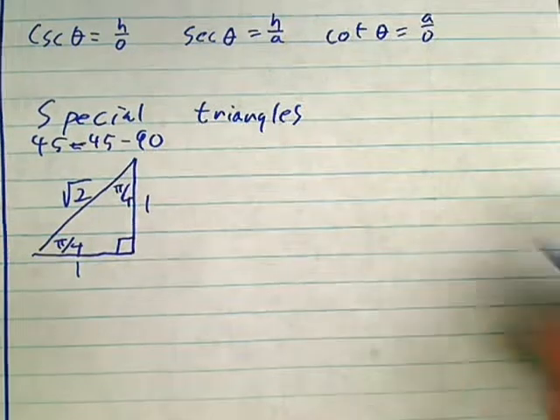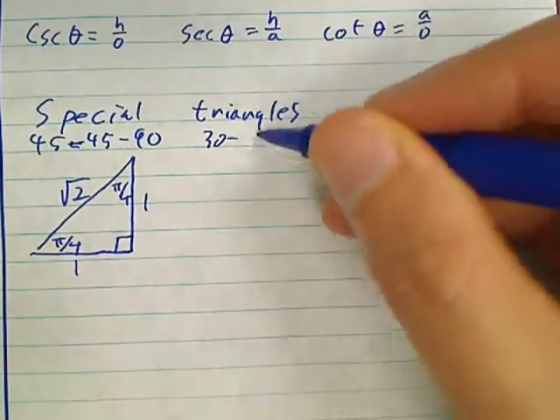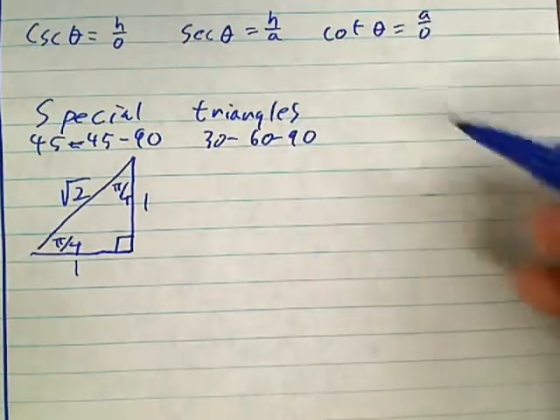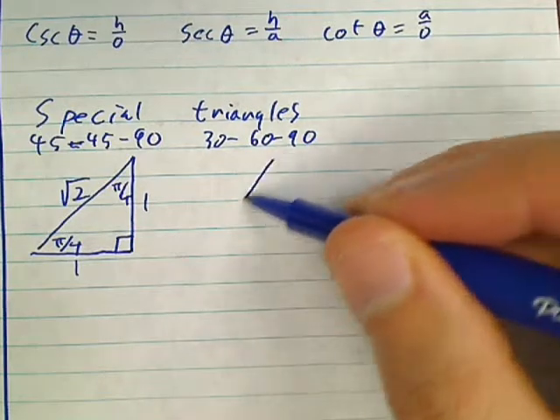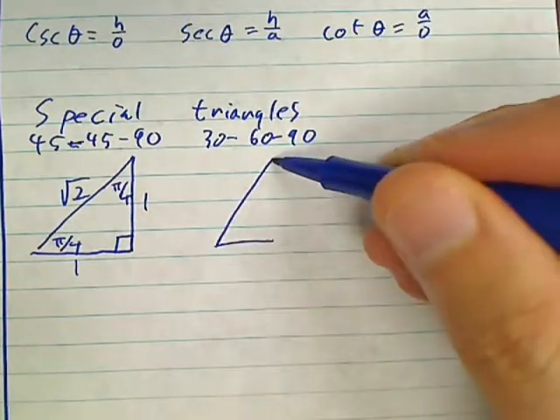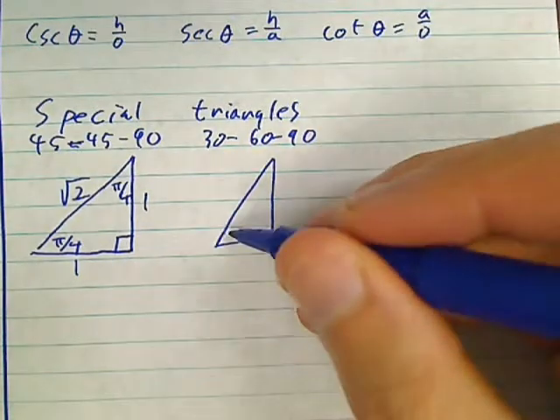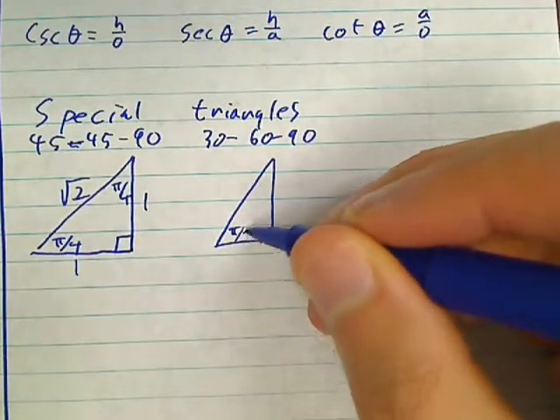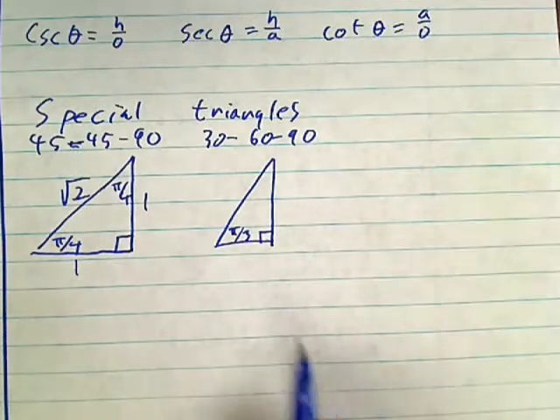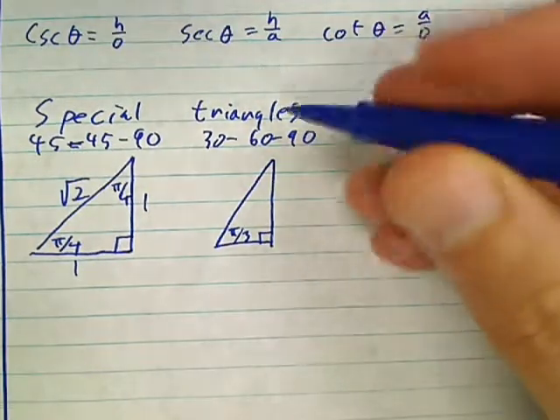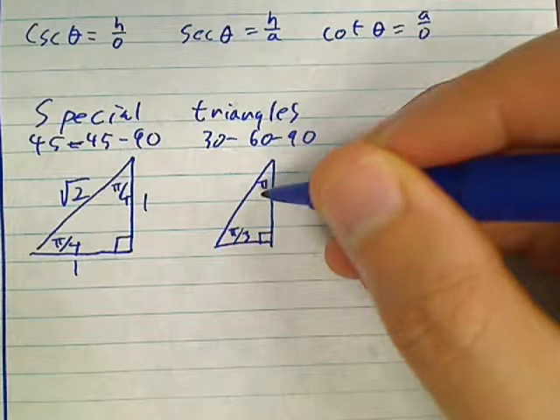Another special triangle, 30, 60, 90. That might look something like that. 60 degrees is pi over 3, and then 30 would be pi over 6.